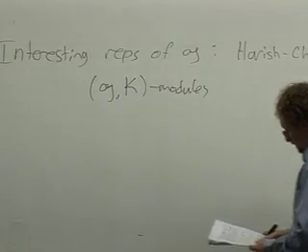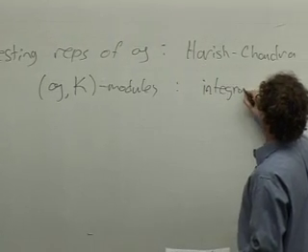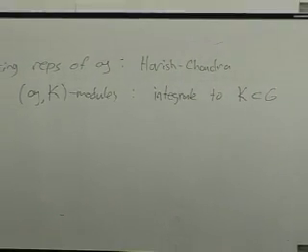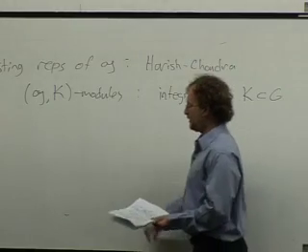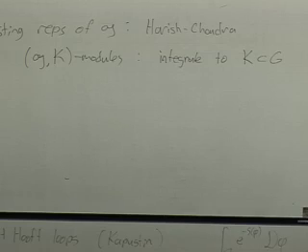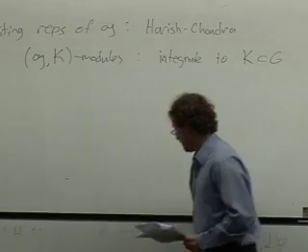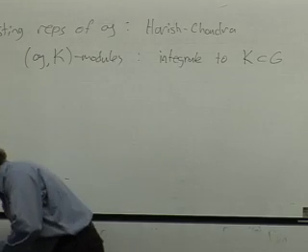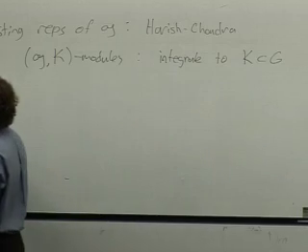So these are representations of a Lie algebra, but they integrate to some subgroup K of G. So they have some kind of integrability, that the actual group K acts on the representation and the entire Lie algebra G. So these turn out to be the good models for the kind of representations, things like unitary representations of real Lie groups can all be captured in terms of this algebraic story. So let me review a little bit of this. Let's do some examples.